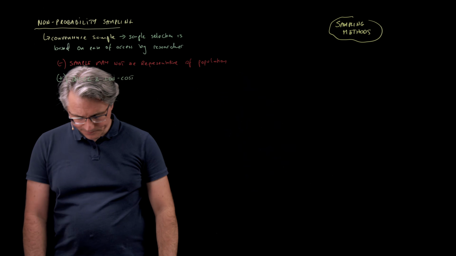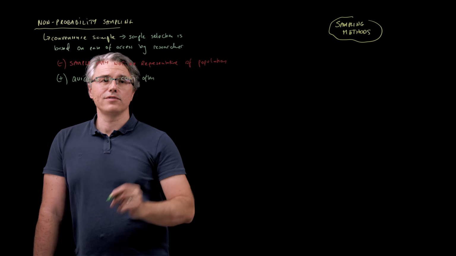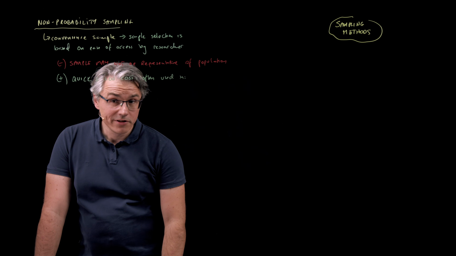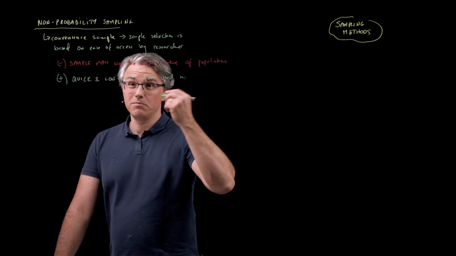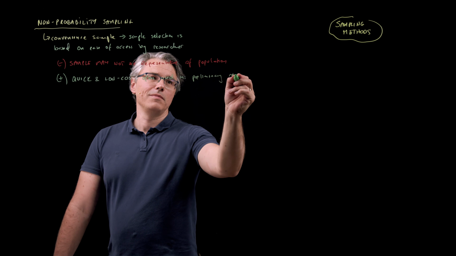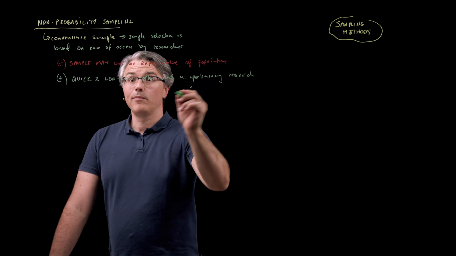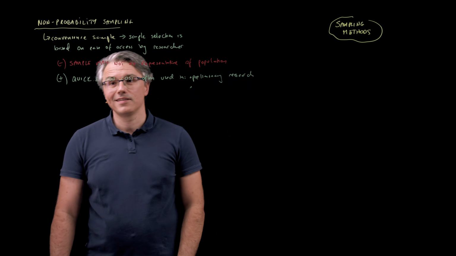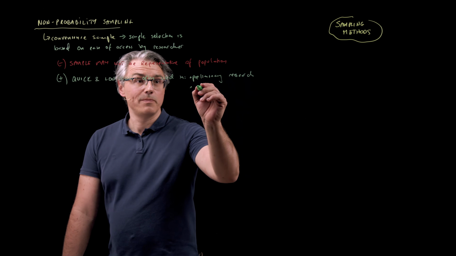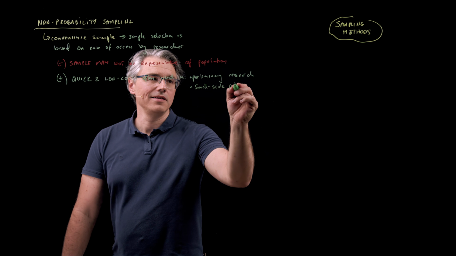So because of that, you'll often find it being used in, for example, preliminary research, when you're just hypothesizing about an idea. And maybe you send a questionnaire to be filled in by those who are closest to you, acquaintances, those who you can easily access, or a small scale pilot study.